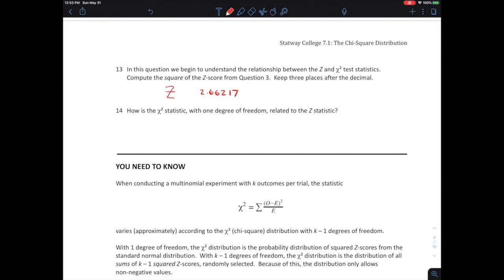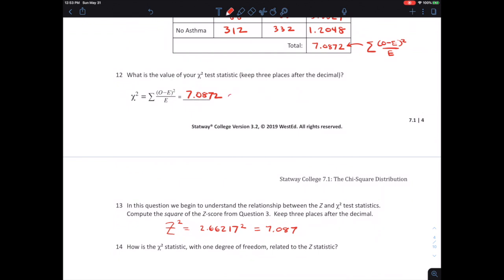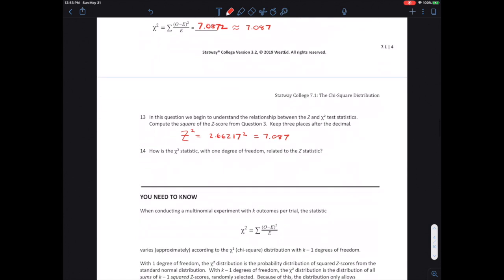Again, we want to square this, so let's write 2.66217 squared. It says to round 3 places after the decimal, and when you do, you get 7.087, which is the same as this one for chi-square, 7.087. So you see the chi-square statistic is actually the square of the z statistic.